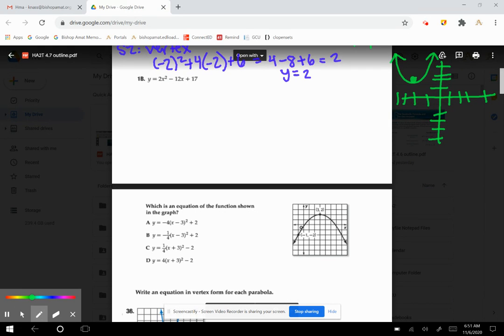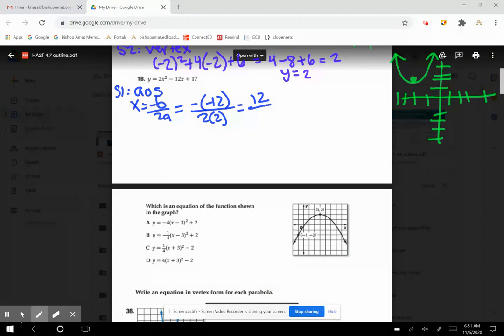Okay, so they want it in vertex form. Step 1, get the axis of symmetry. So x equals negative b over 2a. Negative 12 over 2 times 2, which is 12 over 4, which is 3. So x equals 3.